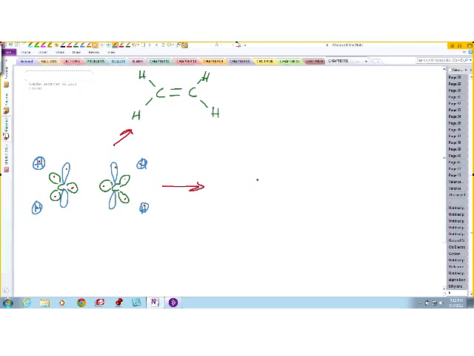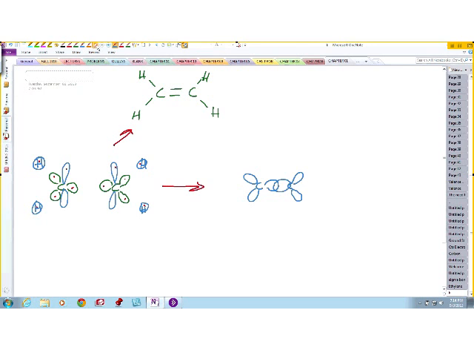So what do we have? We now have this carbon here. Oh, let me be consistent here. I want to make this the green carbon.